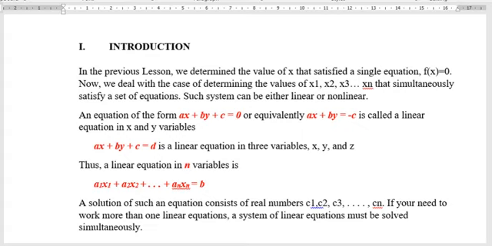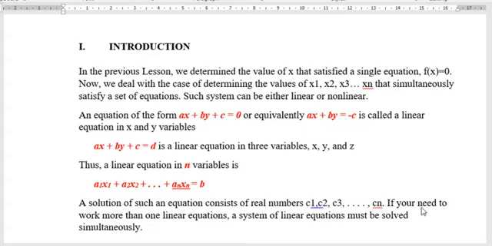Thus, a linear equation in n variables is a1x1 plus a2x2 until an xn is equal to b. A solution of such an equation consists of real numbers c1, c2, c3, cn.